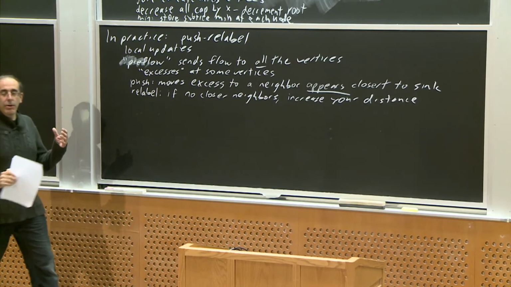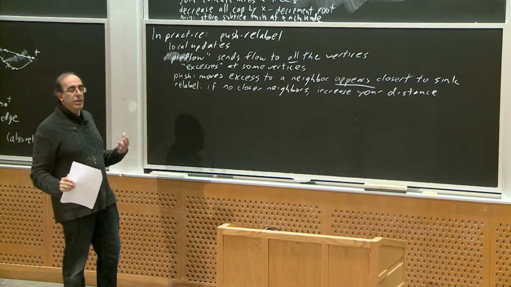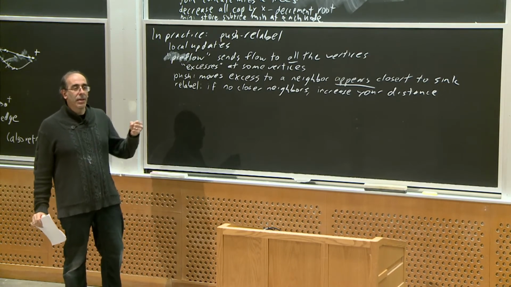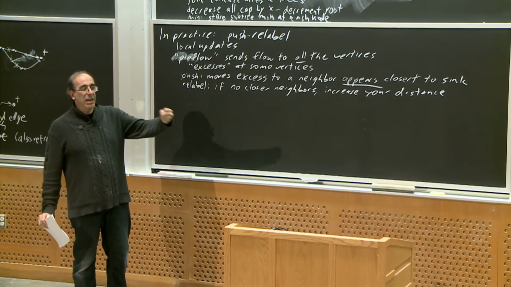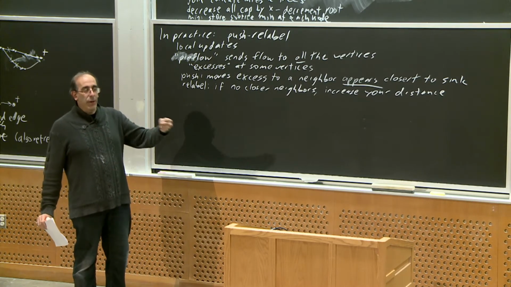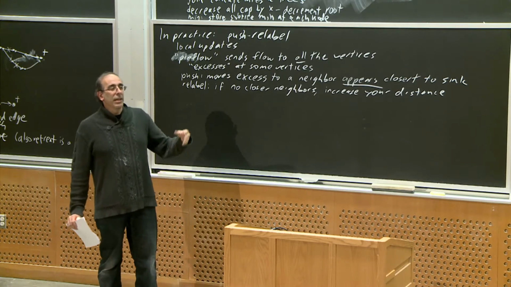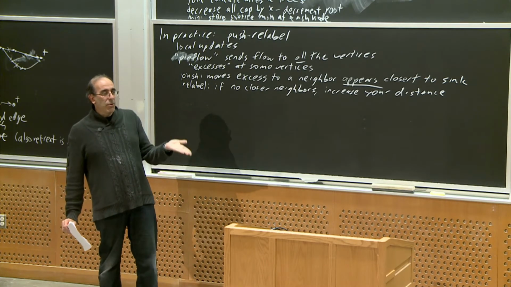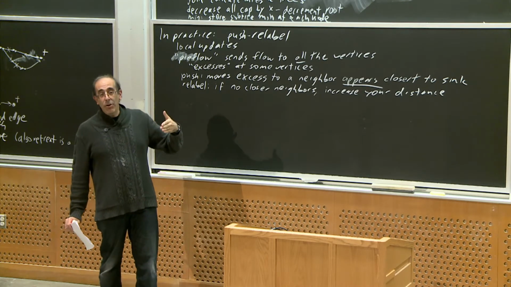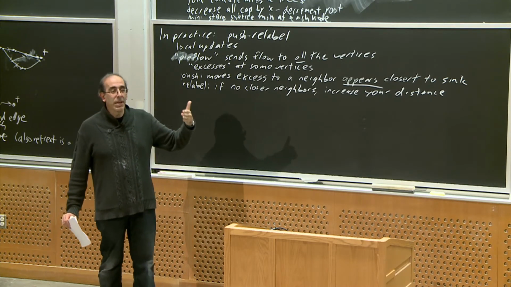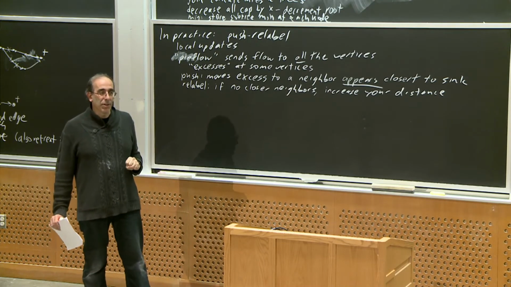Okay? And so the push-relabel algorithms do an arbitrary combination of these operations. If there's a vertex with excess that can push to a neighbor because that neighbor is closer to the sink, well, then you do it. And you've moved some flow towards the sink. If there is no such neighbor, then you raise the distance of that vertex, and that is now going to put it farther away from some of its neighbors so that now it becomes possible to push some flow apparently closer to the sink.